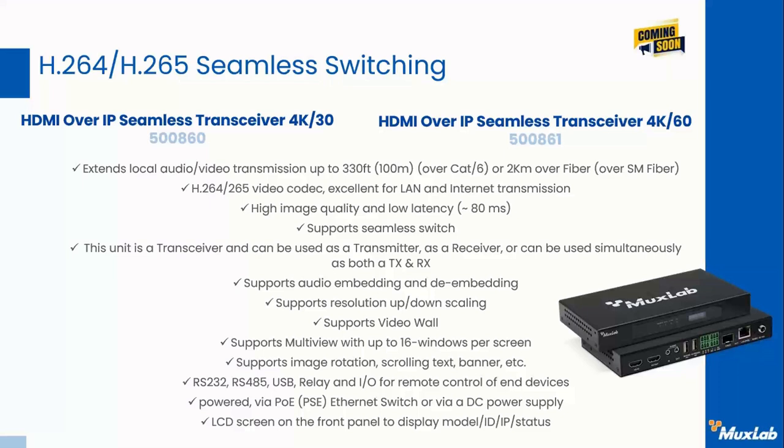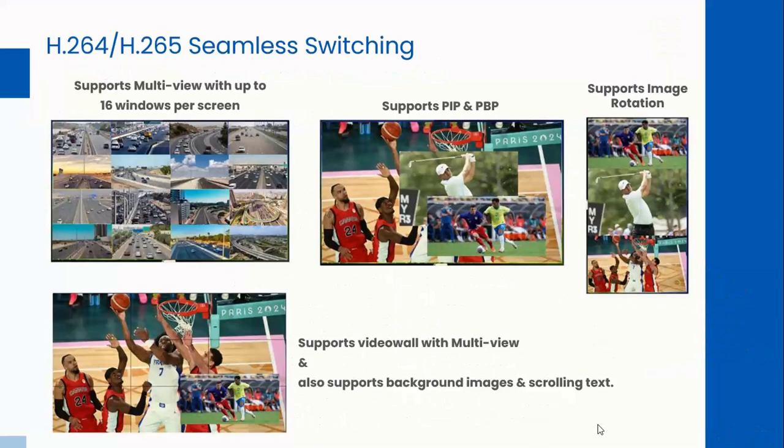The device supports multi-view capabilities. I'm going to cover these next few points with some images to make it a little bit easier for you. We support multi-view, and you can have up to 16 different windows. Now, here we're just laying them out side by side, all the same size. You can rearrange these layouts the way you want. You can click on any image, size it by grabbing the corner, grabbing it in the center, placing it wherever you want. It supports layouts in a side-by-side fashion, like you can see here.